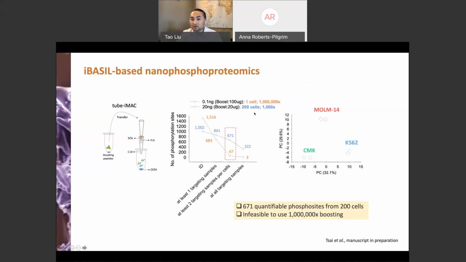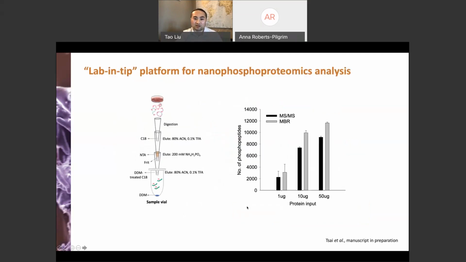But you can use 1,000-fold boosting and get down to the 200-cell level for cell typing. I think it's still feasible. In this case, you have only roughly 700 sites identified, but you can still do cell typing experiments.